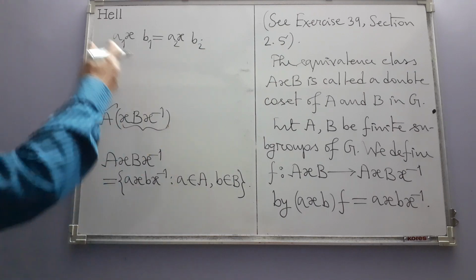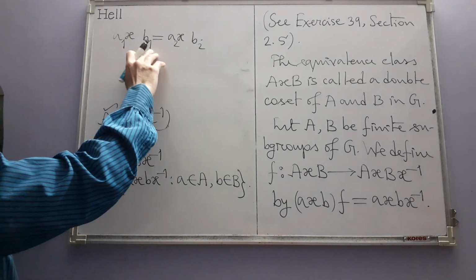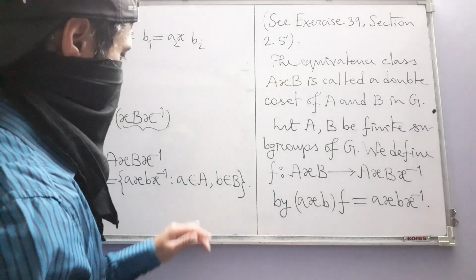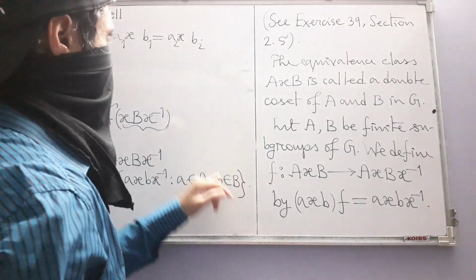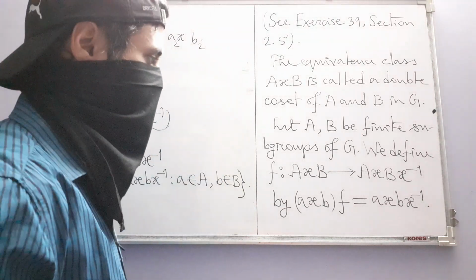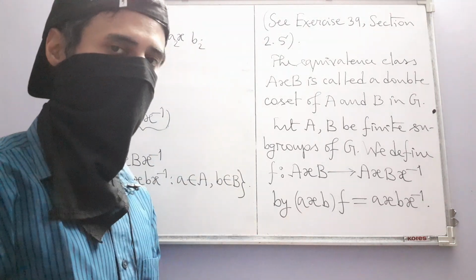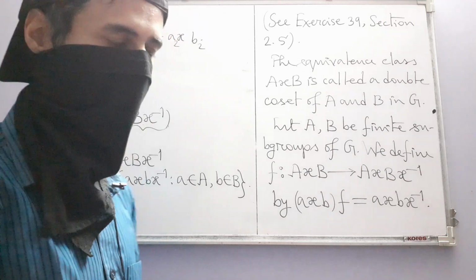Say you have this for some choices a1 and a2 of elements from capital A, and for some b1 and b2 from capital B. Then does that imply that the corresponding outputs are also equal?